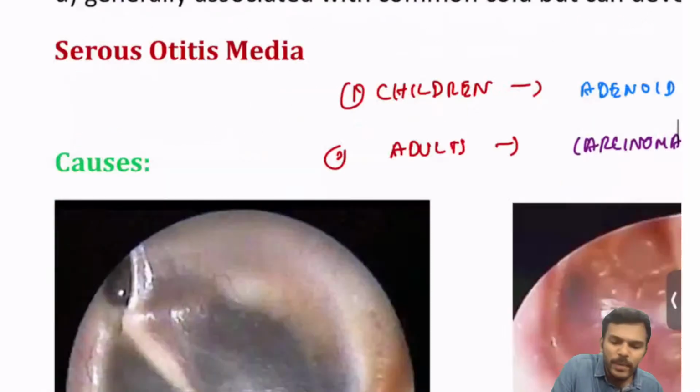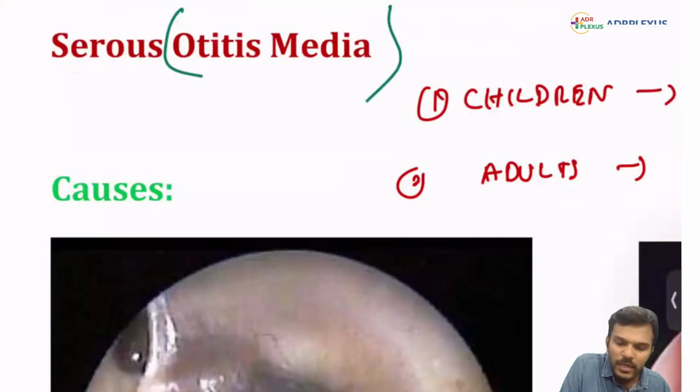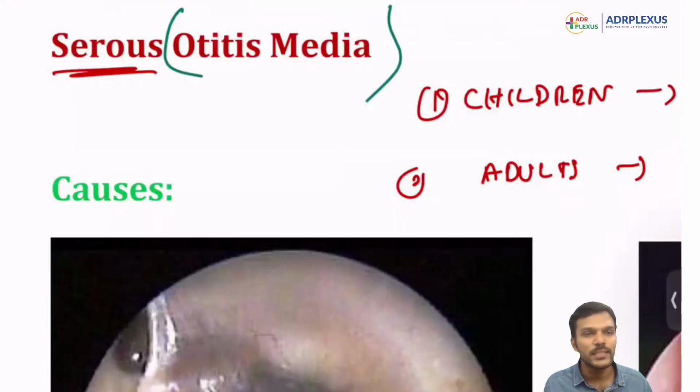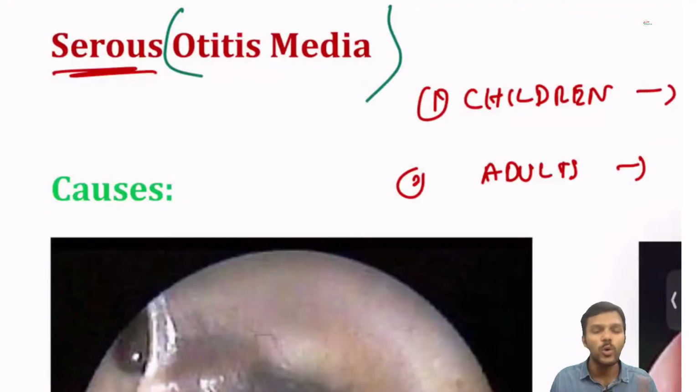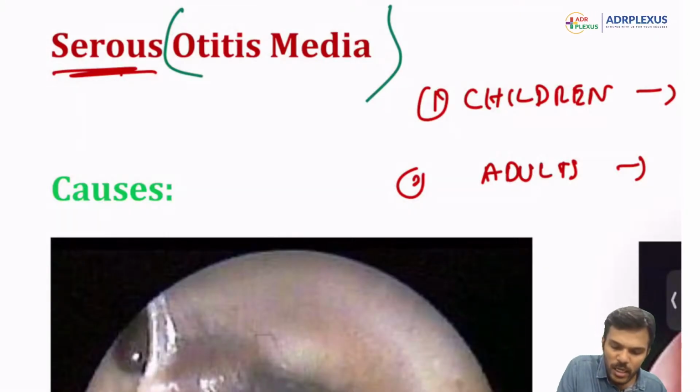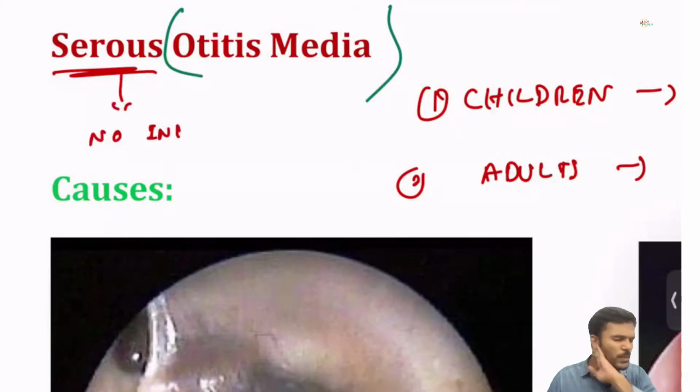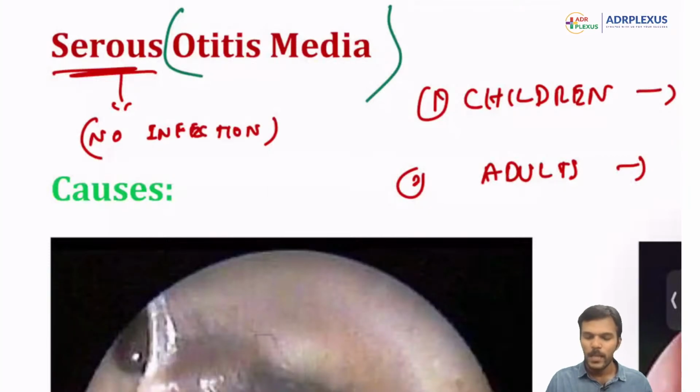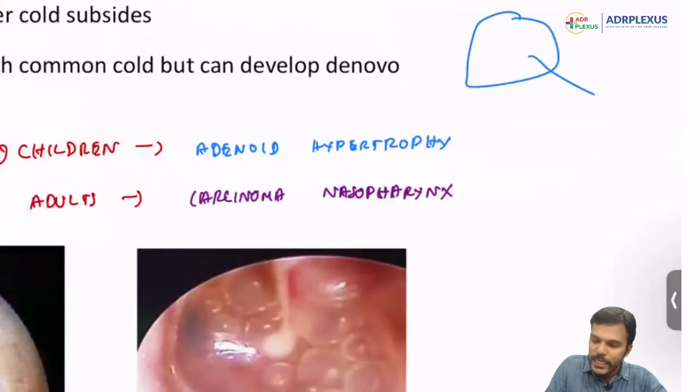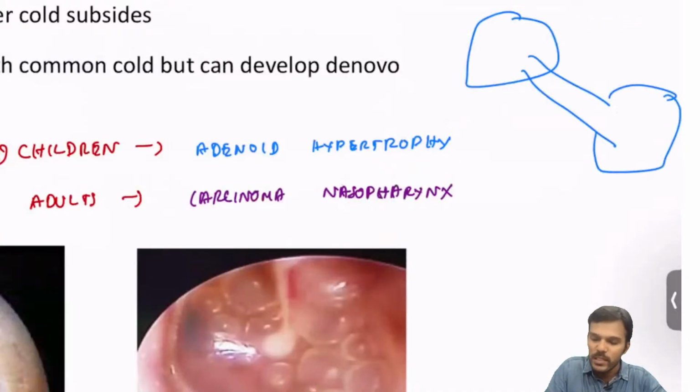The basic thing you have to understand is that the name is otitis media, but the prefix is serous, which means that wherever you see serous in the body, there is no infection whatsoever. We have a eustachian tube maintaining the pressure of the middle ear.